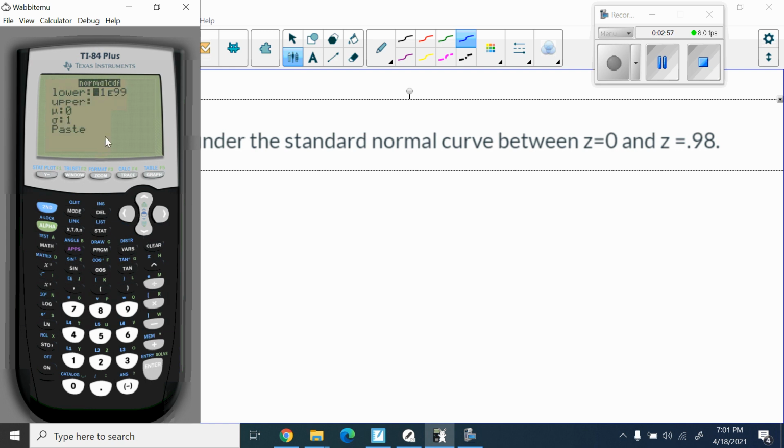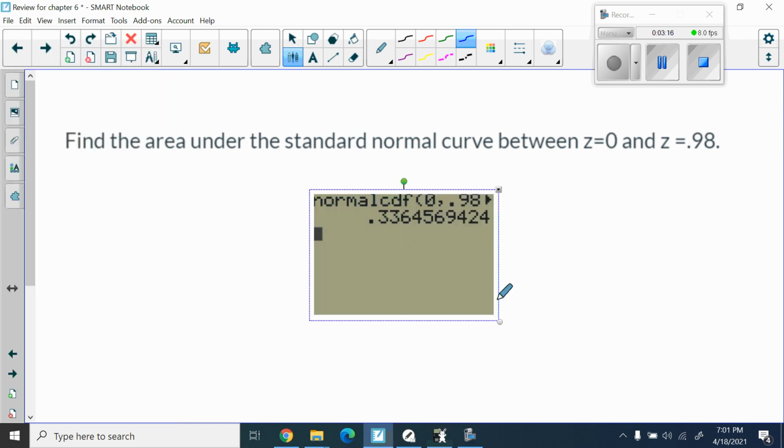Our lower z-score is going to be 0, and our upper z-score is 0.98. And we run that through, and our value is 33.65. Okay.